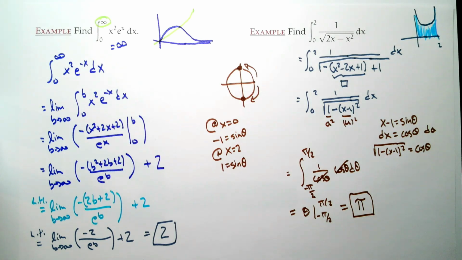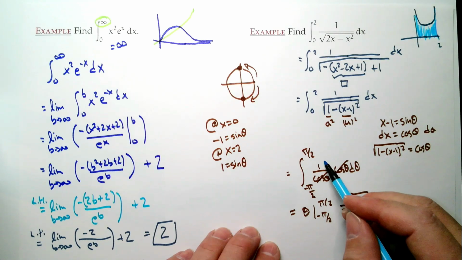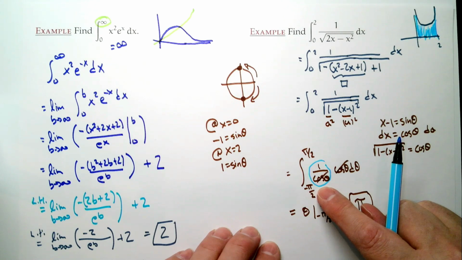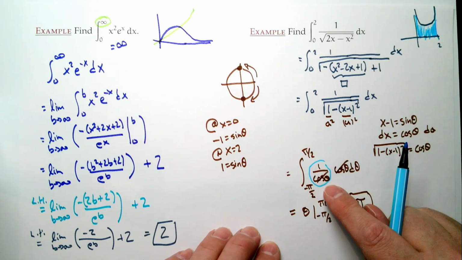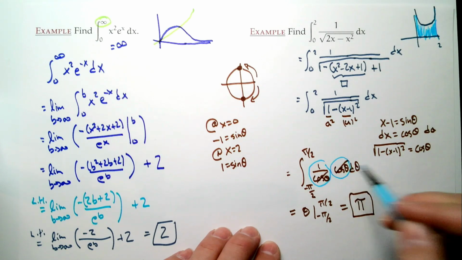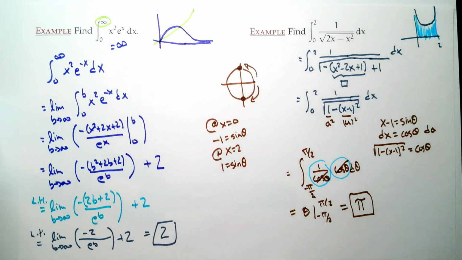So where did we go? Well, here's the thing. You are blowing up at 0 and at 2, which is reflected in this 1 over cosine theta. Because if you plugged in negative pi over 2 and pi over 2, you'd have a 1 over 0. But it just so happened that after we did the substitution, the improperness canceled out.